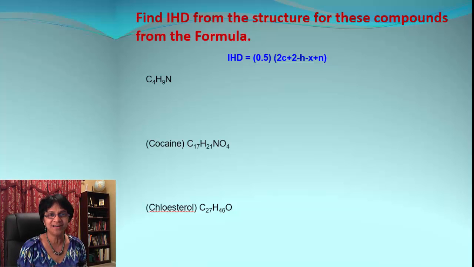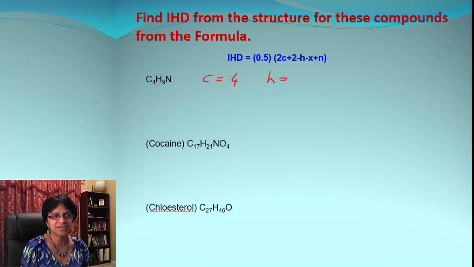All right, over here, we have the formula C4H9, and there is a nitrogen atom now. So carbon is 4, hydrogen is 9, and nitrogen is 1. So in my formula, it's 0.5 times 2 times C, which will be 4 times 2, 8, plus 2, minus the number of hydrogen atoms, which is 9.